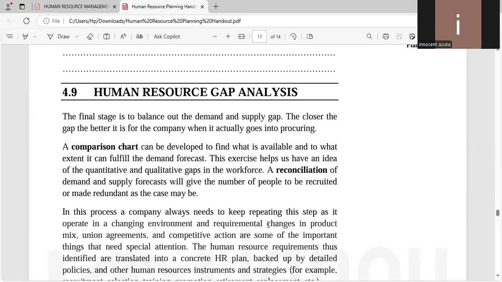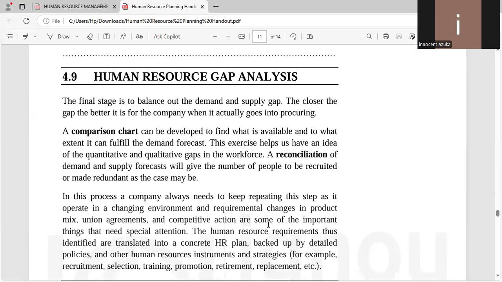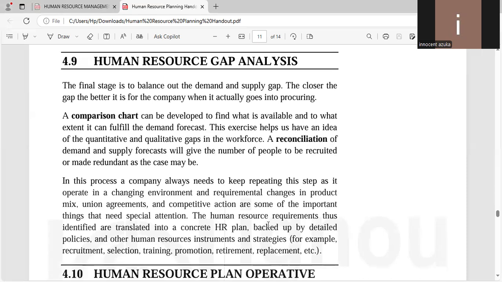A comparison chart can be developed to show what is available and to what extent it can fulfill the demand forecast. So this exercise helps us to have an idea of the quantitative gaps in the workforce.